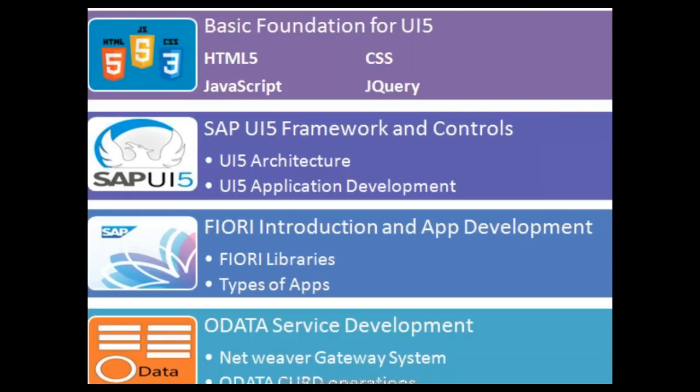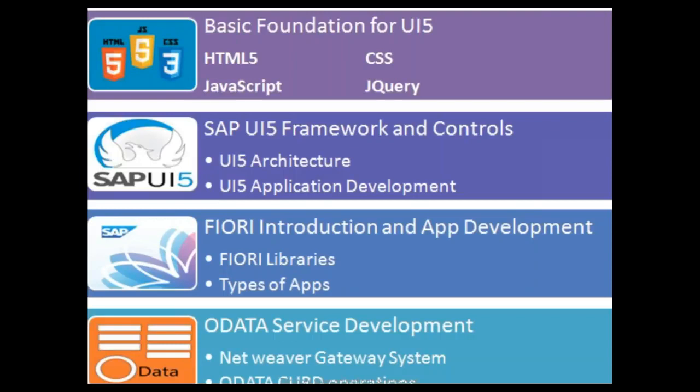Moving into the second phase of the course, we will discuss SAP UI5 frameworks and controls, where we will talk in detail about the architecture of SAP UI5 applications. It follows the MVC design pattern, which some of you might have already worked with in WebIDE Pro and BSP technology. So the same design pattern is also followed here. We will discuss creating different varieties of views: XML views, JavaScript views, JSON views, and HTML views.